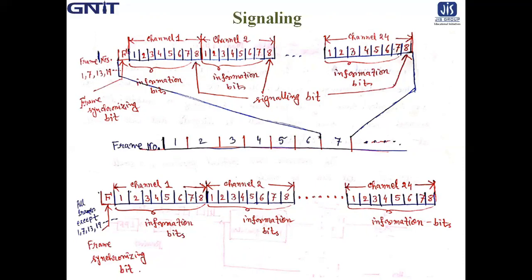So this pattern is repeated every 6th frame. See, this is channel 1, then channel 2, up to channel 24. So it is called one frame. These are the frame numbers, say 1, 2, 3, 4, 5, 6, 7.